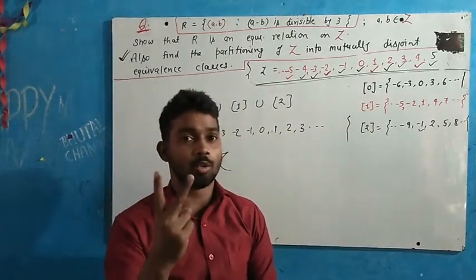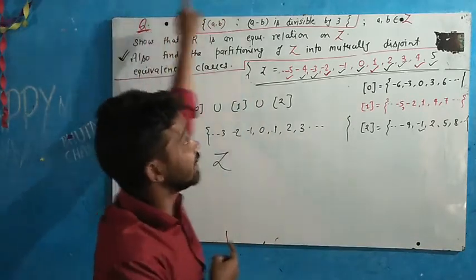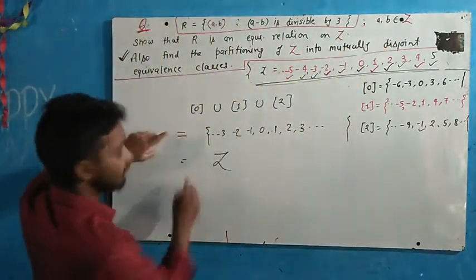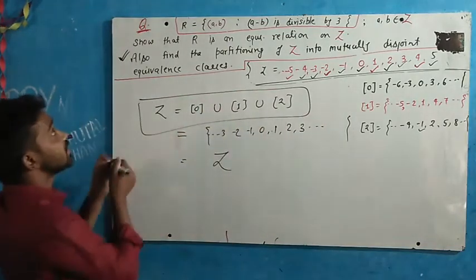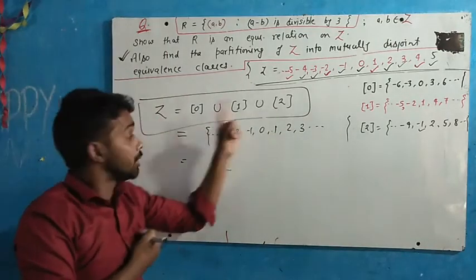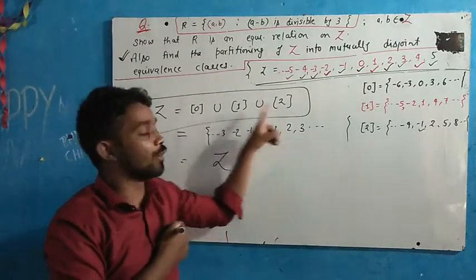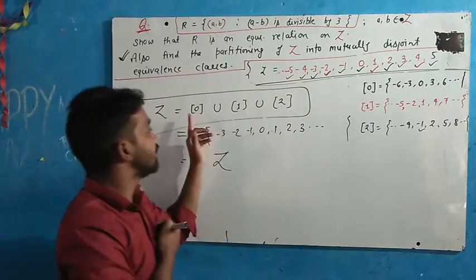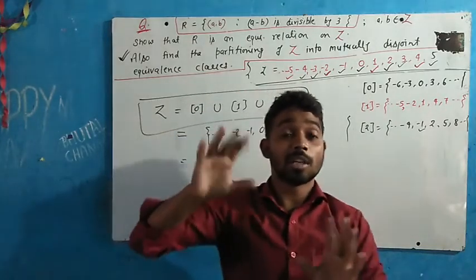And second conclusion: this relation R divides Z into disjoint equivalence classes, mutually disjoint equivalence classes. So these are the two basic properties which I want to show.